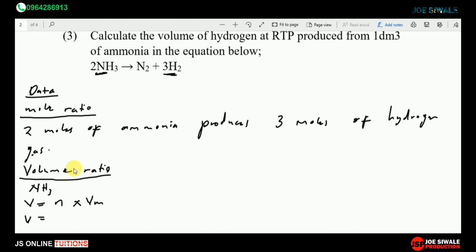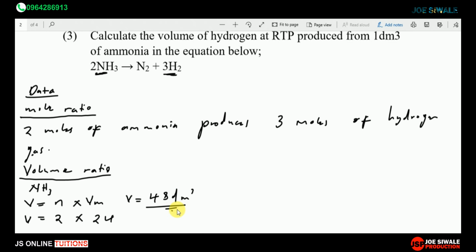From the equation, we have 2 moles, so I will say 2 multiplied by the molar volume, and we know that we have been told at room temperature and pressure, and the molar volume at room temperature and pressure is 24. So the volume is going to be equal to 2 multiplied by 24. We're going to have 48 cubic decimeters.